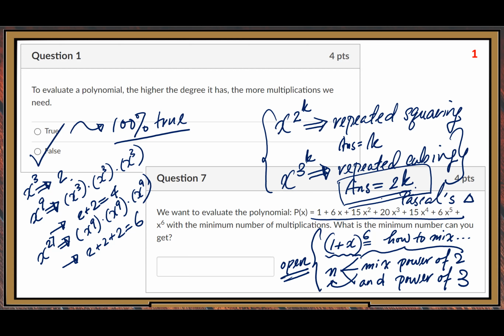Since I talked about it here, there is a chance you can expect some questions based on this knowledge in our midterm. I haven't been thinking about midterm questions.